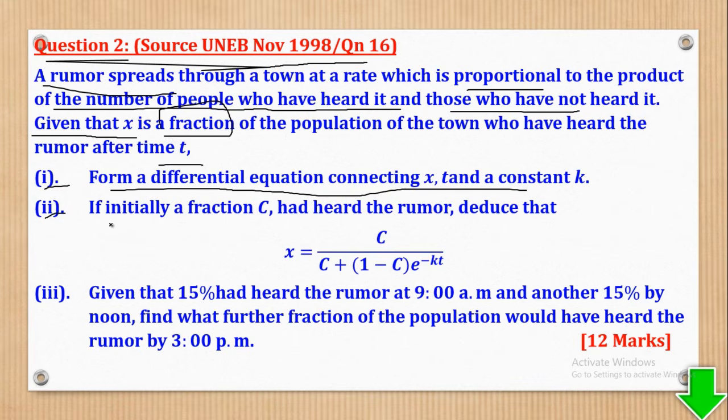Then Roman 2, if initially a fraction c had heard the rumor, deduce that x is equal to this. And Roman 3, given that 15% had heard the rumor at 9 a.m. and another 15% by noon, find what further fraction of the population would have heard the rumor by 3 p.m.